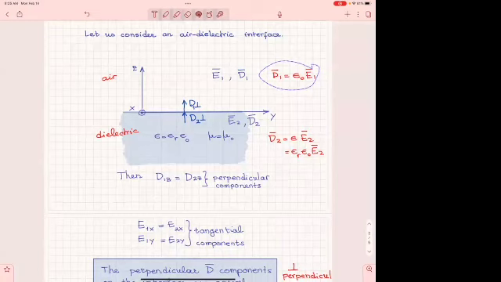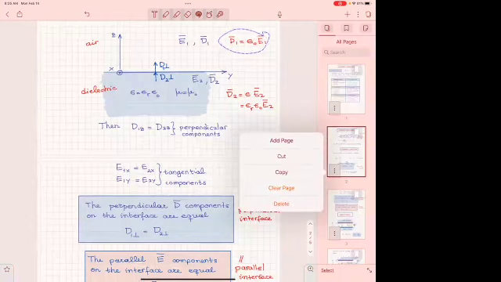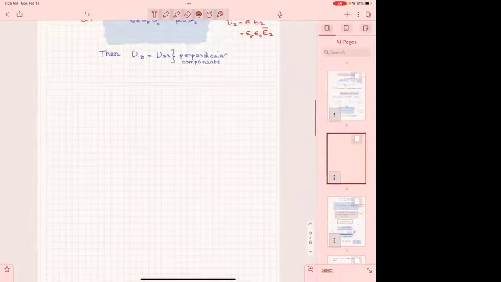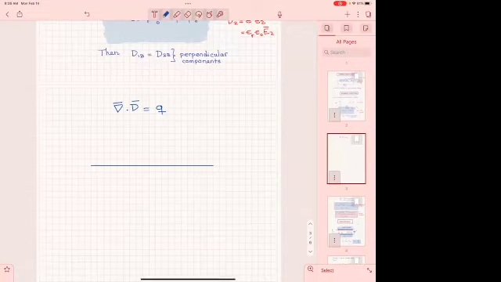Okay, why should that make sense to you? I'll tell you why. Do you remember Gauss's law? What does Gauss's law say? Gauss's law in the simplest form says this, equals Q. If my field were to vary only along the Z direction, so here is the dielectric.